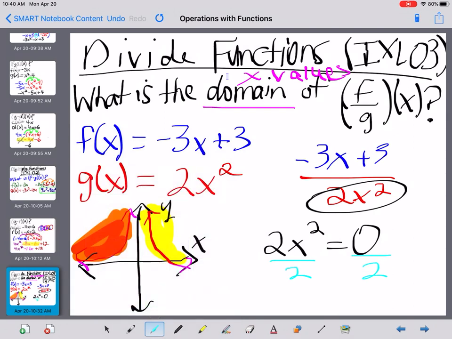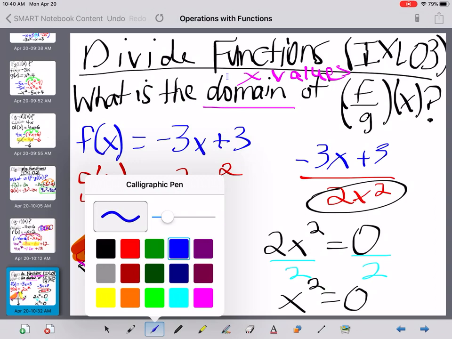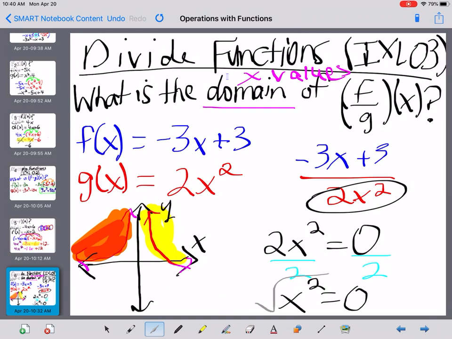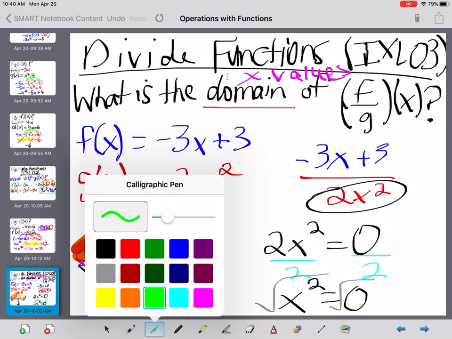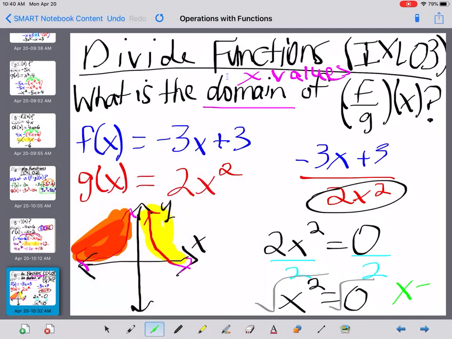Then I'm going to end up with x squared equals 0, because 0 divided by 2 is 0. And then, I still want to solve for x, so I would just need to take the square root of both sides. That's really all I need to do. And so my final answer here would be x equals 0.